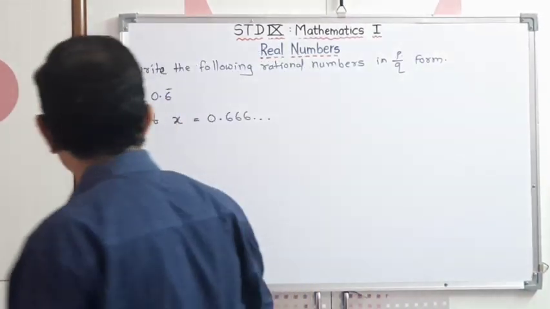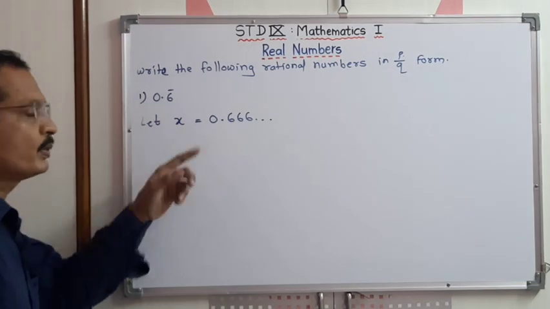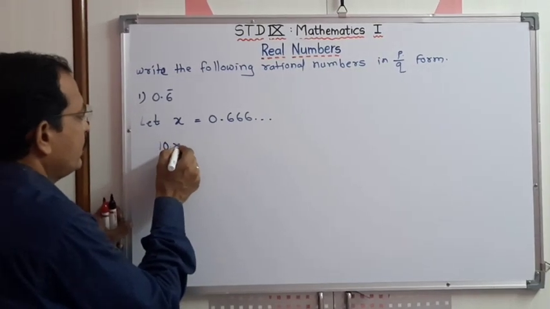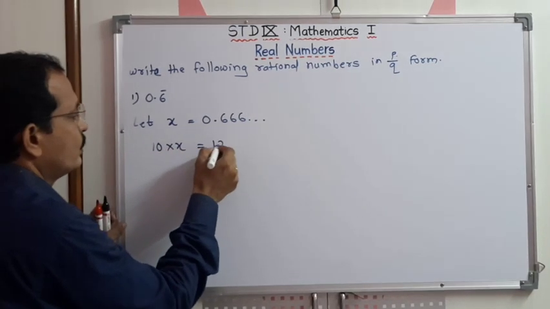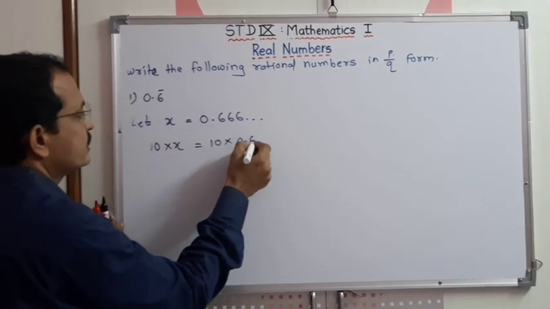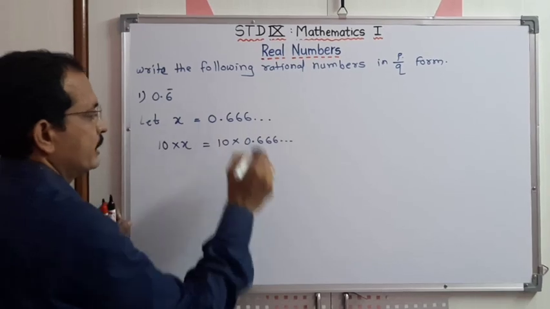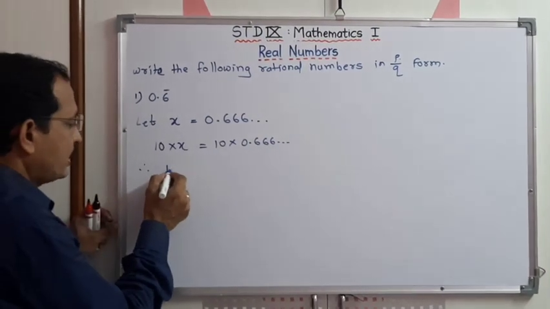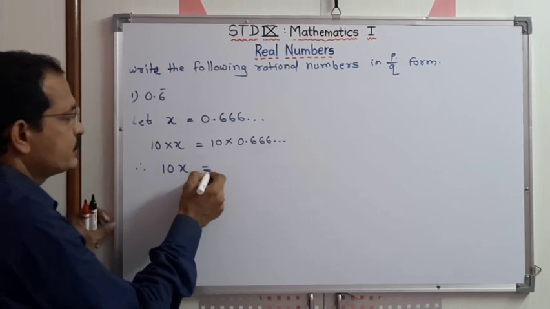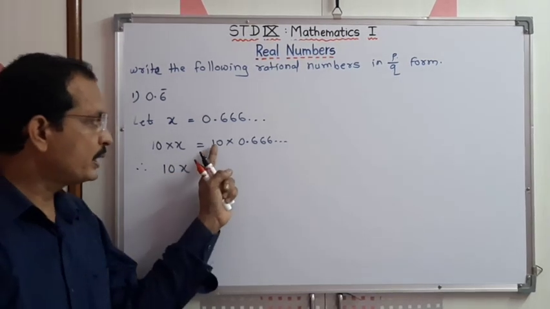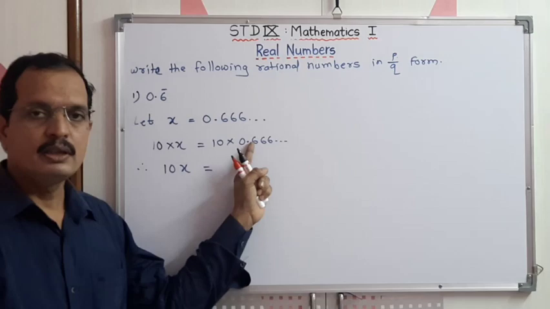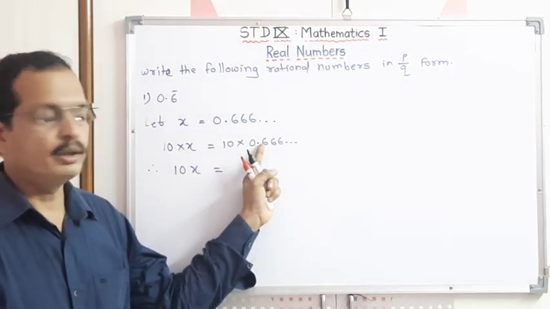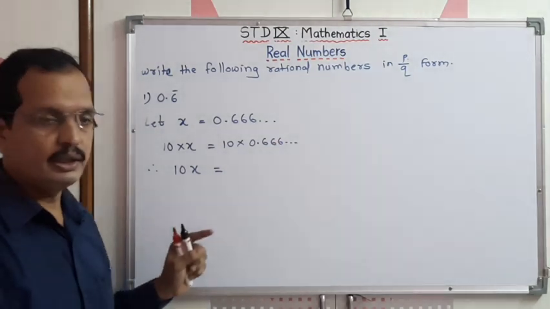Here in this case the recurring is of 1 digit, therefore we have to multiply by 10. Therefore we can write here 10 into x is equal to 10 into 0.666, like this. Now if we multiply this 10 with this, then we have to shift the decimal point by one digit.